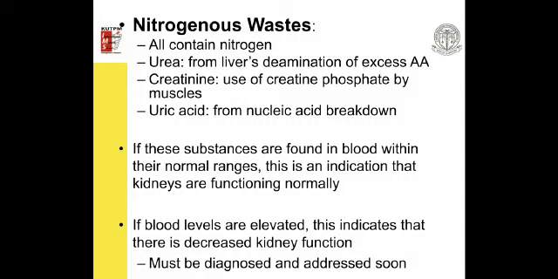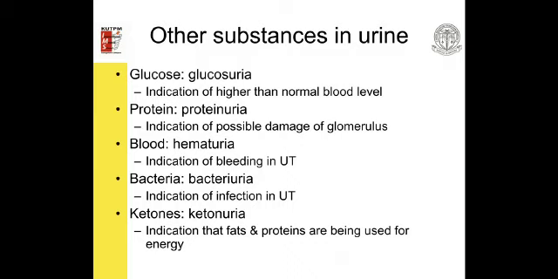If these substances are found in blood within the normal ranges, this is an indication that the kidneys are functioning normally. If blood levels are elevated, this indicates decreased kidney function, which must be diagnosed and addressed soon. The other substances of prime importance are glycosuria, with the presence of glucose; proteinuria, an indication of damage to the glomerulus; hematuria, an indication of bleeding in the urinary tract; or bacteriuria, with infection.